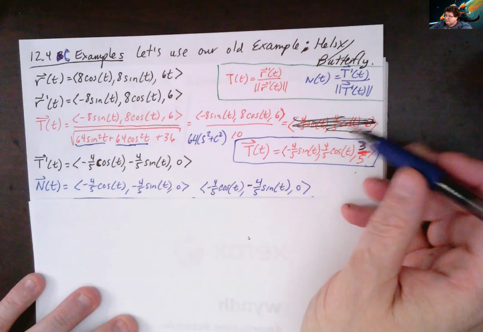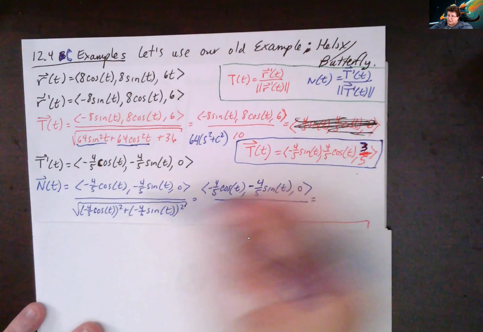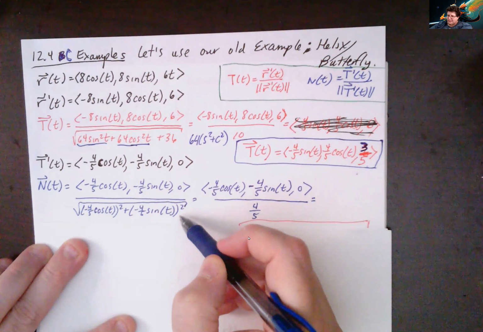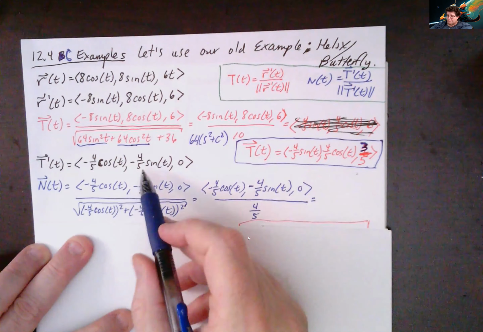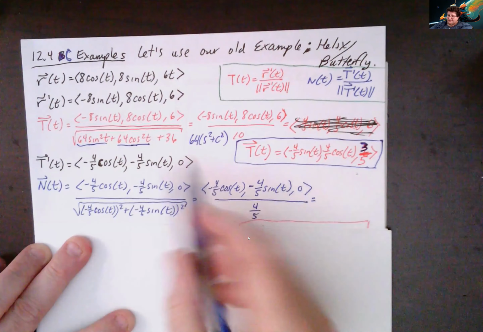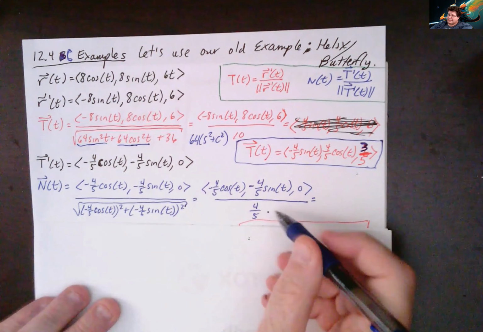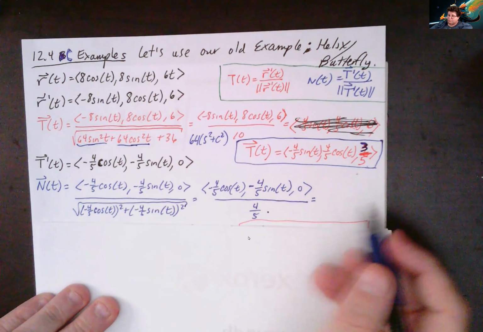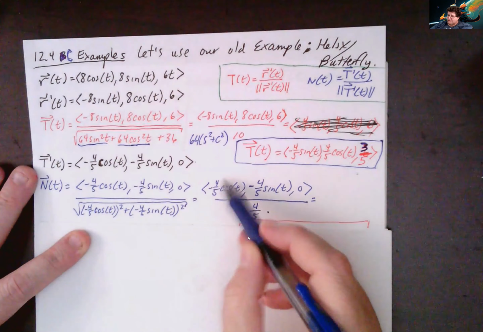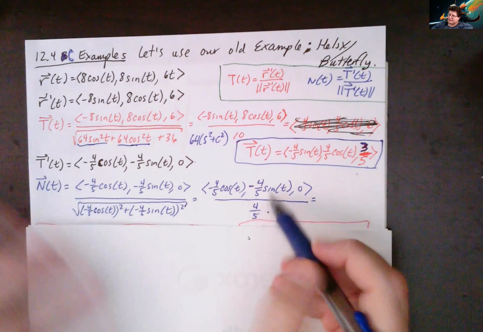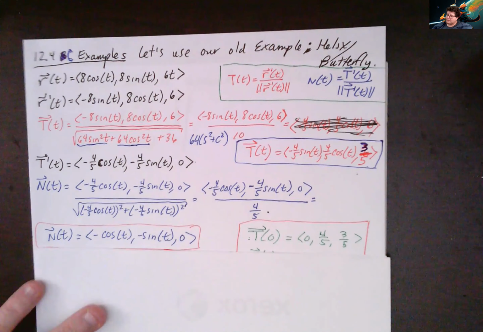On the bottom, we have the same kind of thing we had with the 64 right here. Instead of having 64, we've got 4/5. But we have a cosine squared and a sine squared. We just get 4/5 on the bottom. We're dividing it into the T prime that we just calculated right here, and you'll notice that they all go away nice and neat. It becomes negative cosine and negative sine, with 0 as the final one.